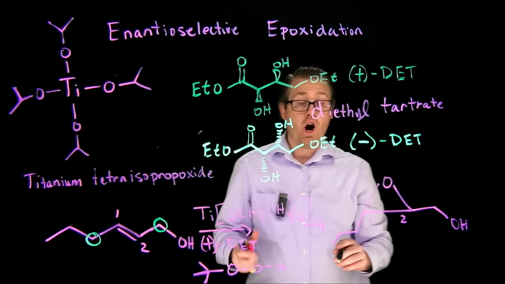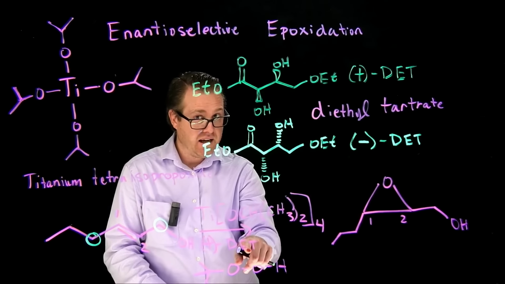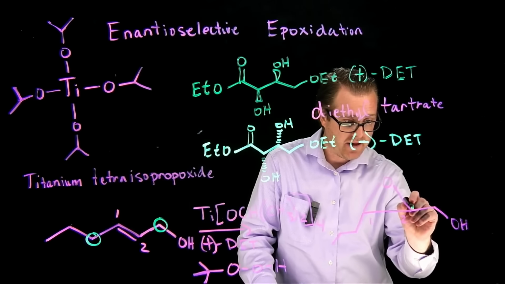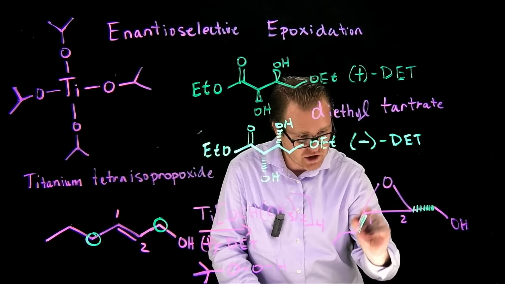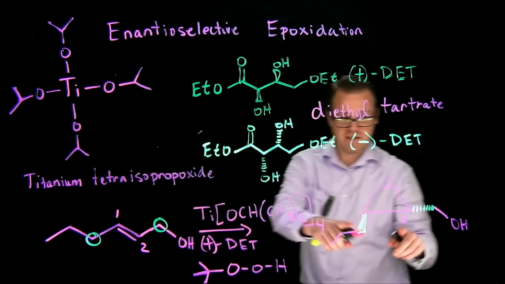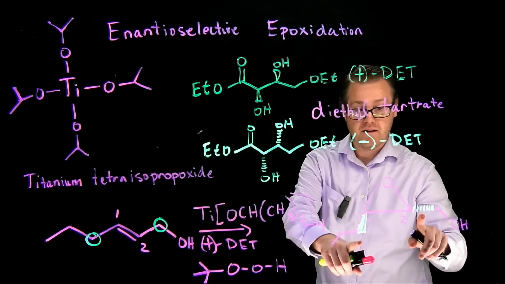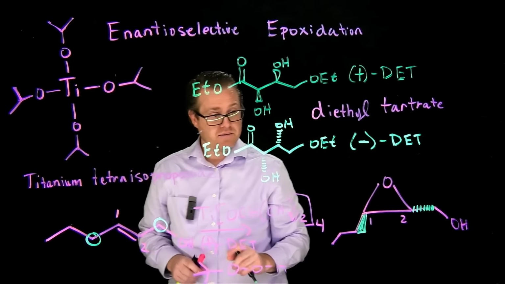So we don't know if this positive DET is going to give us this guy. Turn that into a wedge. Right? But you see the stereochemistry is retained. They're on opposite sides, opposite sides.